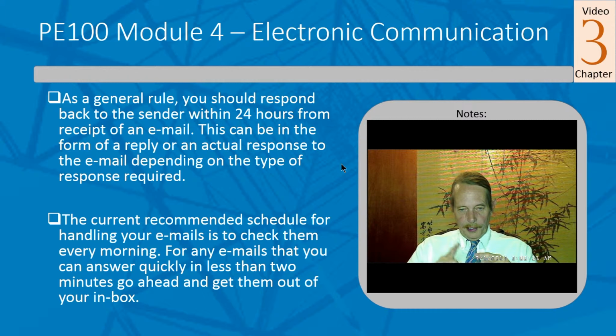So if you're going through your emails and there's 12 emails in there or 20 emails, look down the list, peruse it, and if there's anything that you can respond to in less than 2 minutes, go ahead and do it. Just click that thing, open it, do your response, and then send it back. But if it's going to take you more than a couple of minutes to do it, leave them in your inbox, and then we'll go in and determine the priorities necessary to resolve those issues.